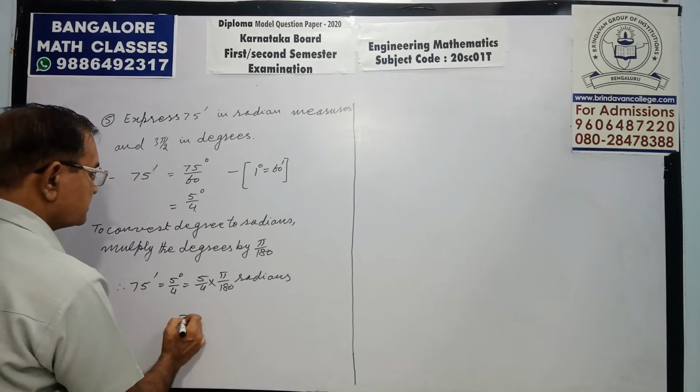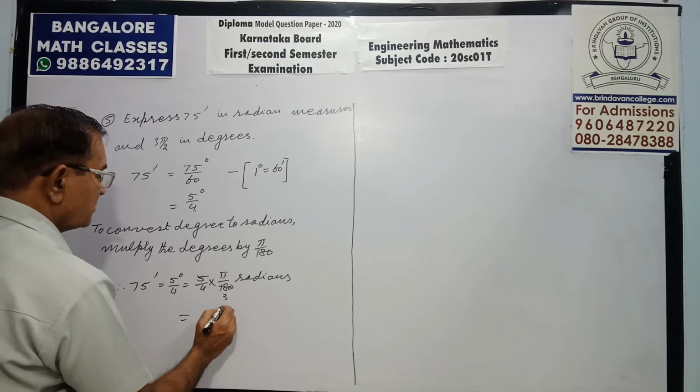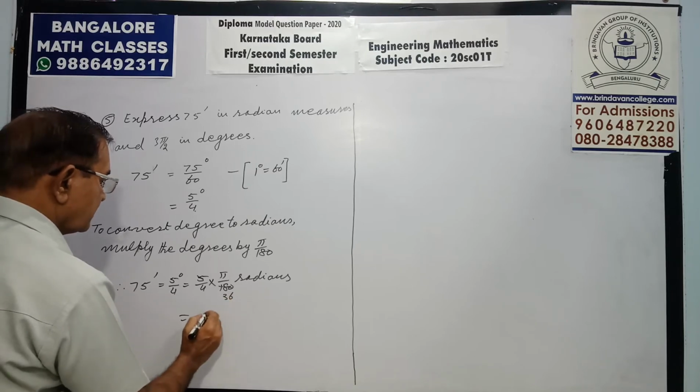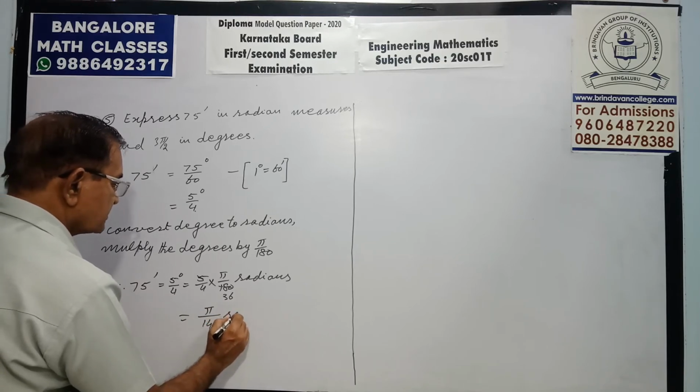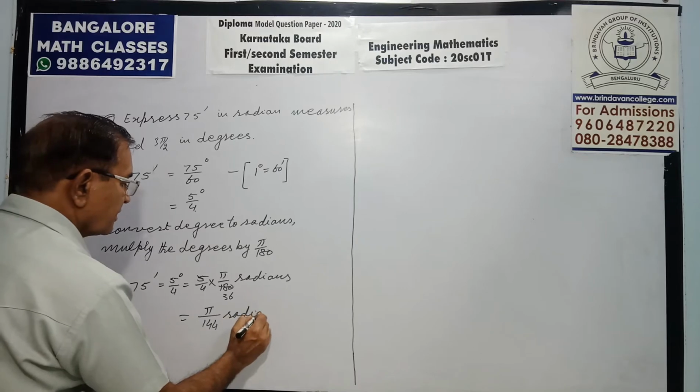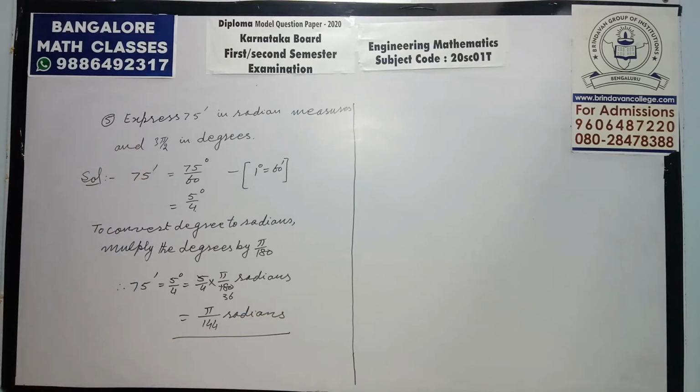So solve it. 5 3s are 15, 5 36s are 180, so pi by 144 radians. Like that you are supposed to solve this sum.